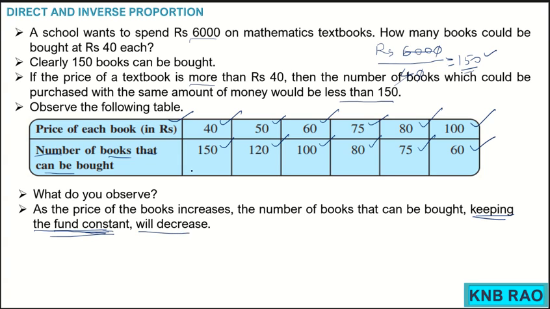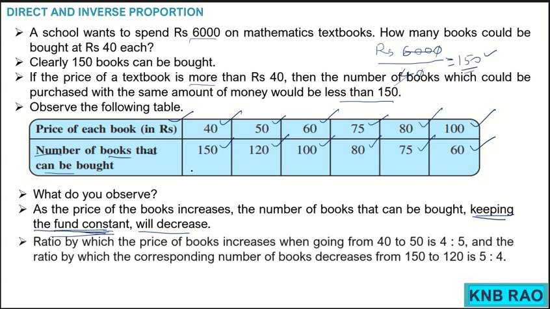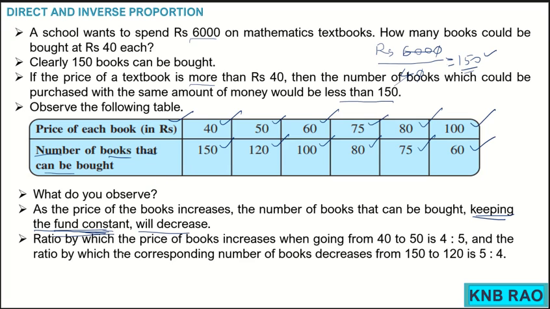What extra we can observe is the ratio by which the price of books increases when going from 40 to 50, that is 4:5, and the ratio by which the corresponding number of books decreases from 150 to 120, that is 5:4.